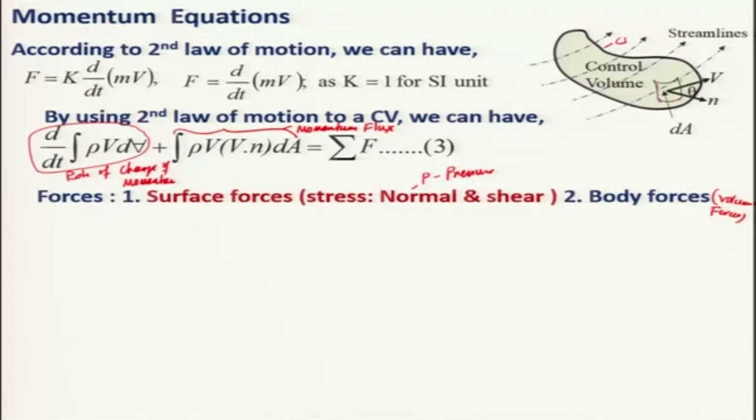These forces acting on the control volume make the momentum move across the control volume, and of course there will be accumulation, a rate of change of momentum, in the control volume, and that is known as the momentum conservation equation.